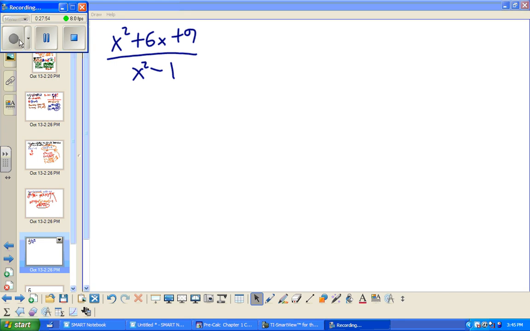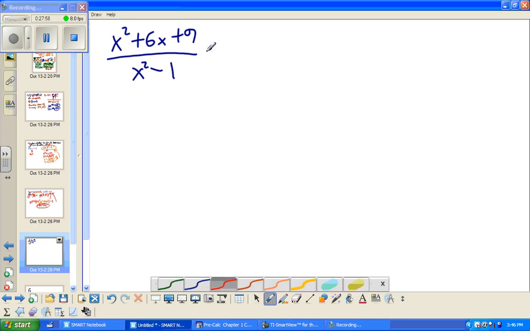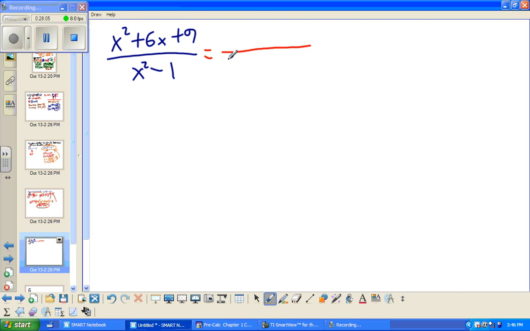Well, first of all, before I even graph this, since I can factor the top and the bottom, what I'm really interested in is where I would get an undefined answer. And on the bottom, if it's x squared minus 1, I get that by taking x minus 1 times x plus 1, which tells me x cannot equal negative 1 or 1.